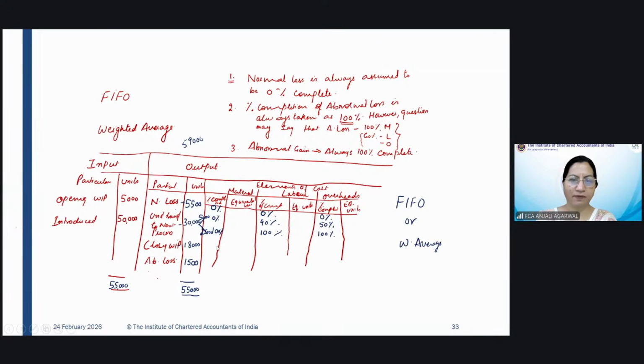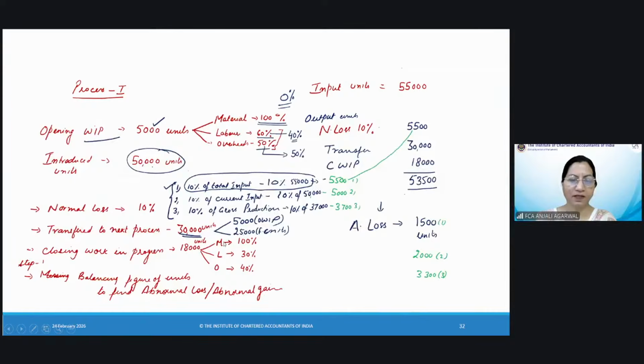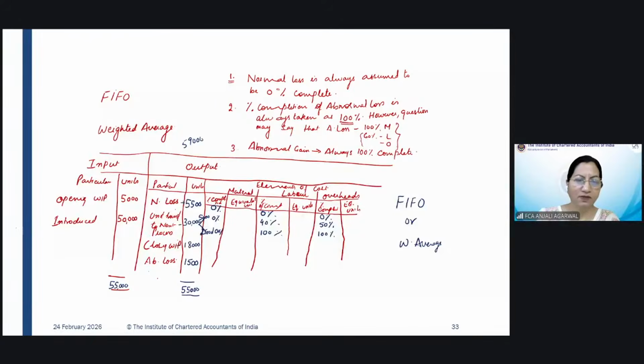Closing WIP. It's complete this year, material wise 100%, labor and overheads wise 30 and 40%. So 18,000 is 100% complete this period only as far as material is concerned, 30% complete as far as labor is concerned, and 40% complete as far as overheads are concerned.